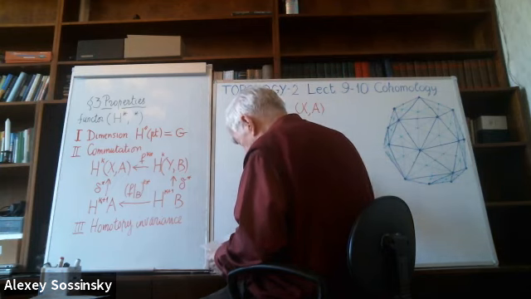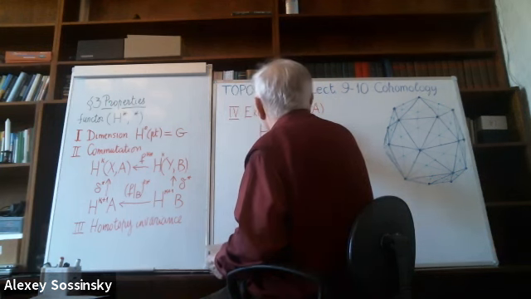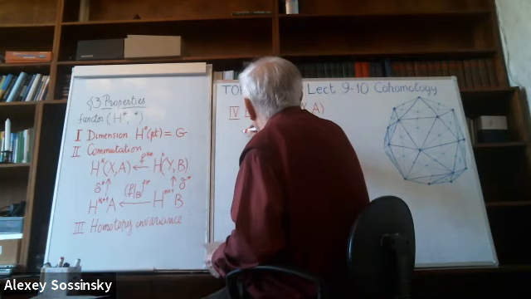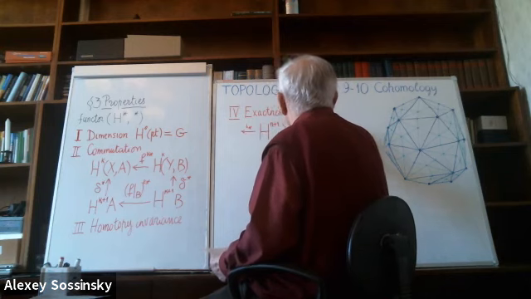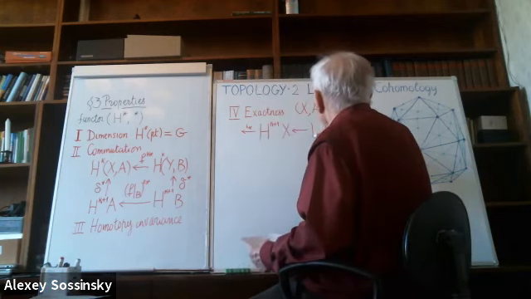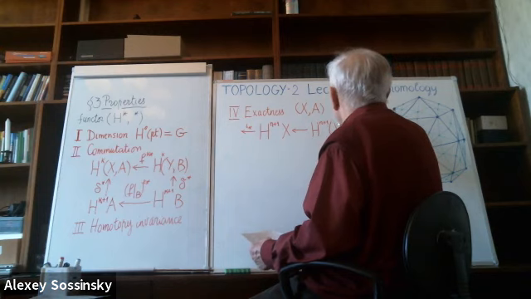H^n plus 1 of X. And here we have i star. Here we have H^(n+1) of the pair (X, A).